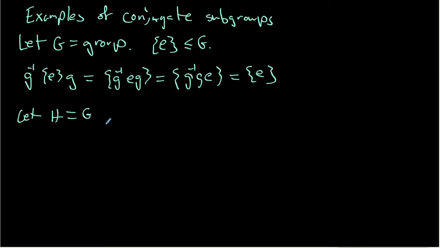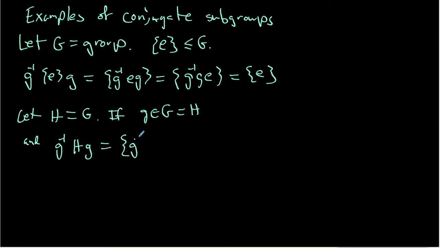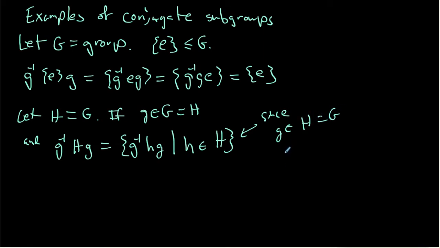And in this case, if I pick any g inside G, that g is also going to be inside H, and so G inverse HG is just going to be the set of g inverse h g, where h is running through all the elements of H. But since h itself is inside of H, which remember is equal to all of G, then this product that we're looking at is just some element of H. In other words, it's some element of G.